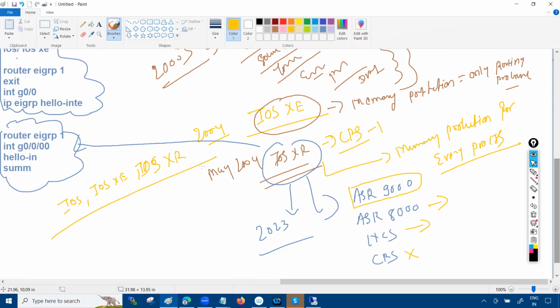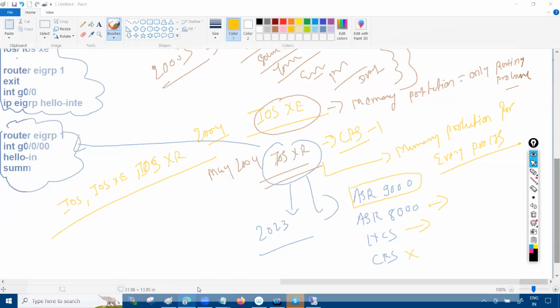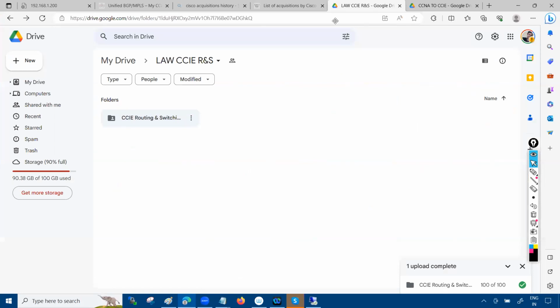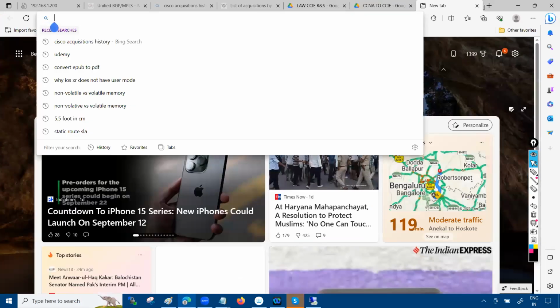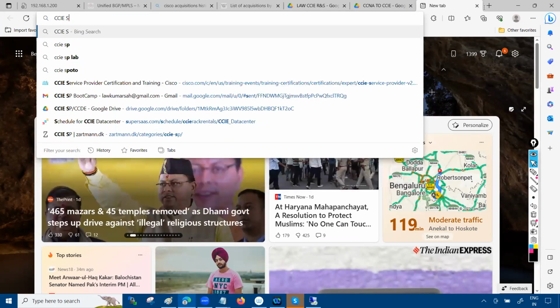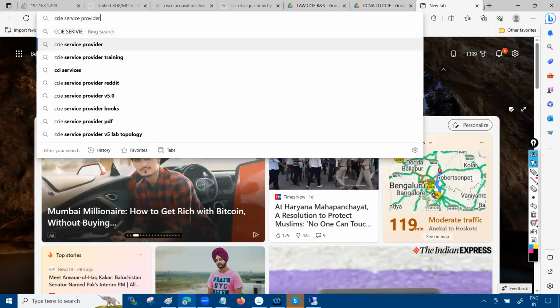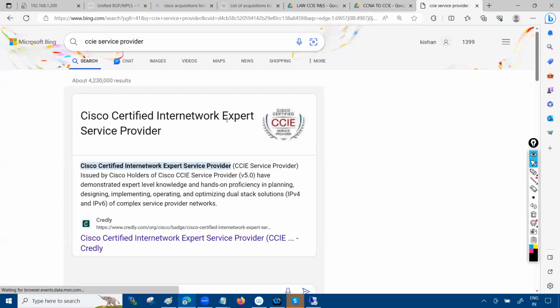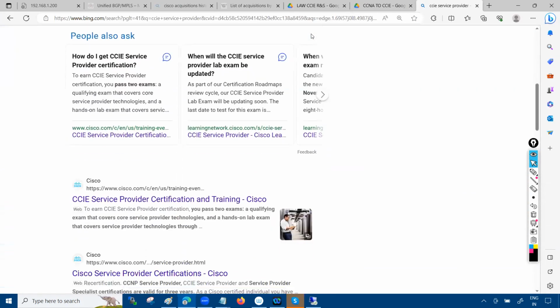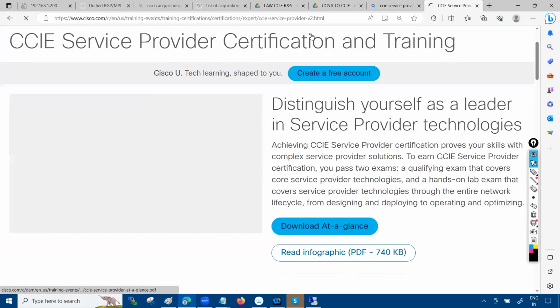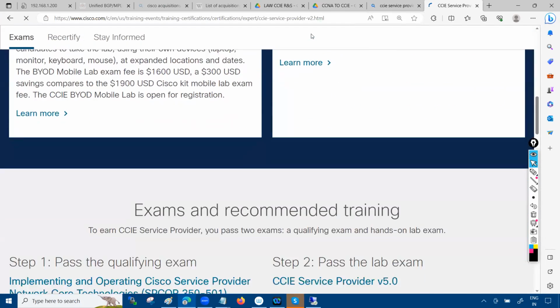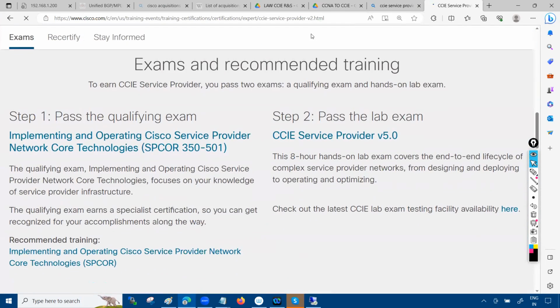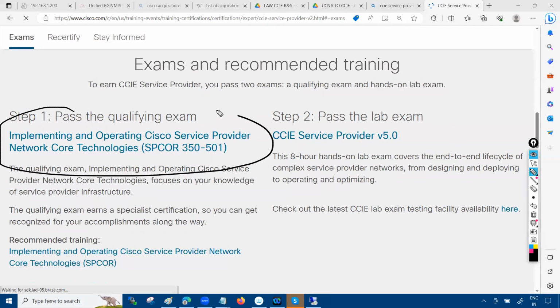What we are going to learn, we are going to complete all this part. Service provider. So we are going to cover this exam, this paper, or this paper too.